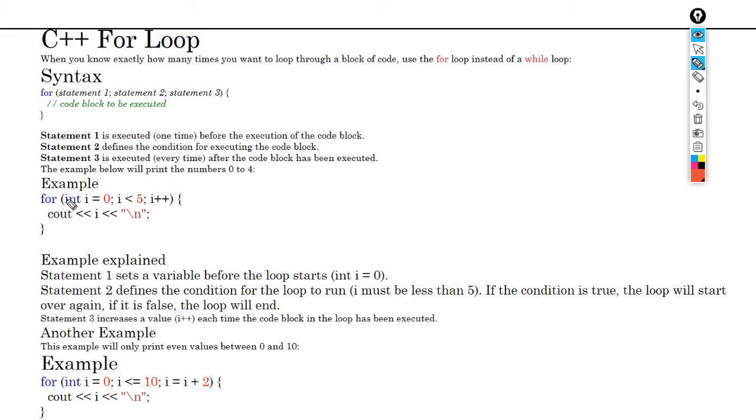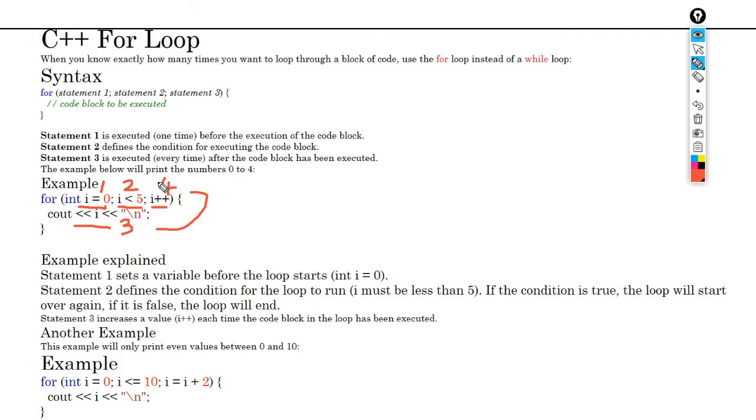So here you can see i equals 0 is the initialization, semicolon, i is less than 5 is the condition, then semicolon, then i plus plus, and then you are writing the body of the for. This is the first step. Second step, 0 is less than 5 is true, then i is printed. Third step, then again it will go here and increment the value of i, that is i plus plus, so i becomes 1.